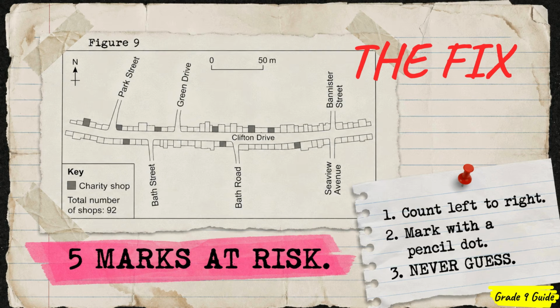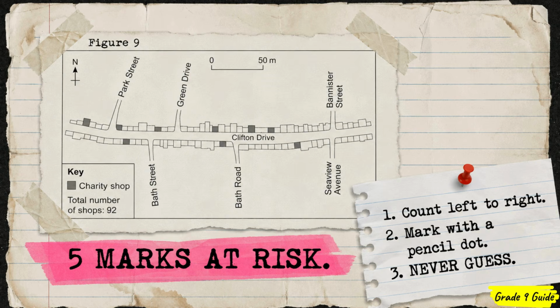The fix. Count the map symbols slowly and systematically, left to right along the high street, then check the side streets. Mark each one with a light pencil dot as you count. Do not guess. Write the number, then move to question 04.10.